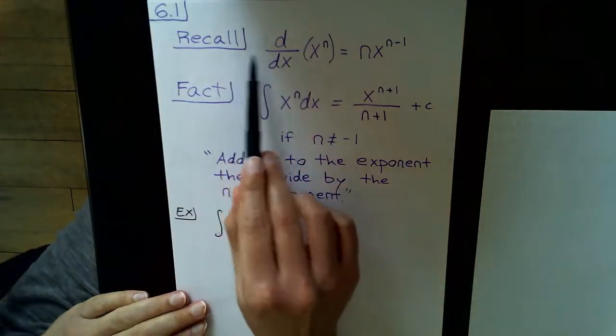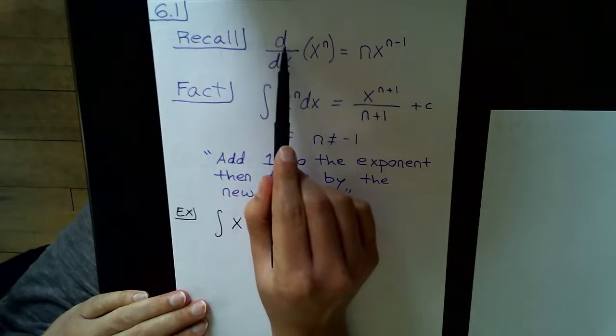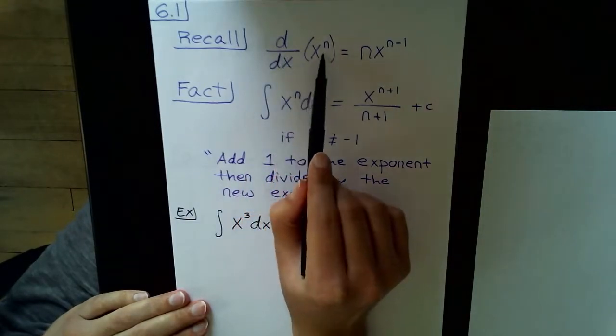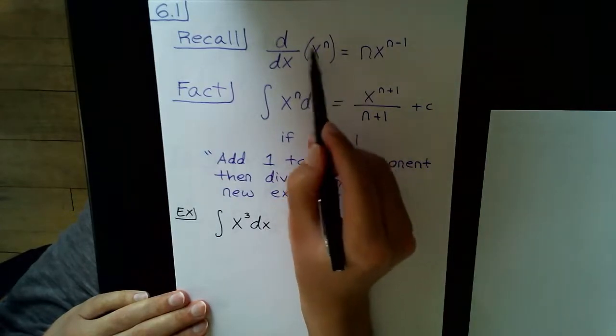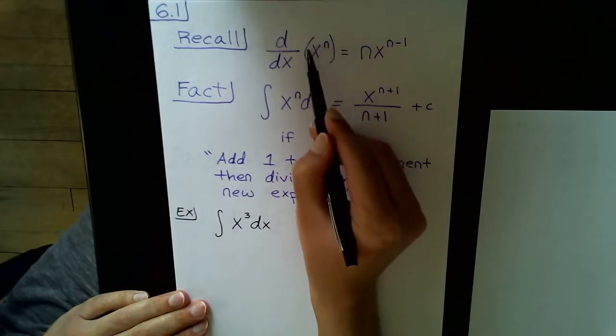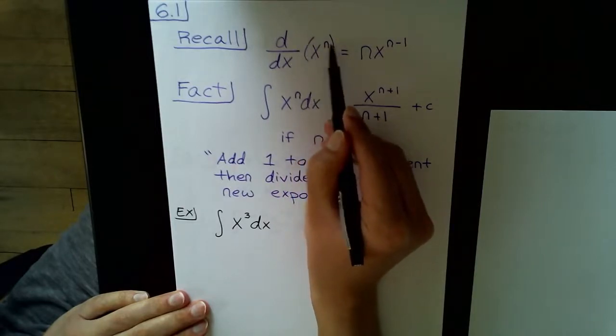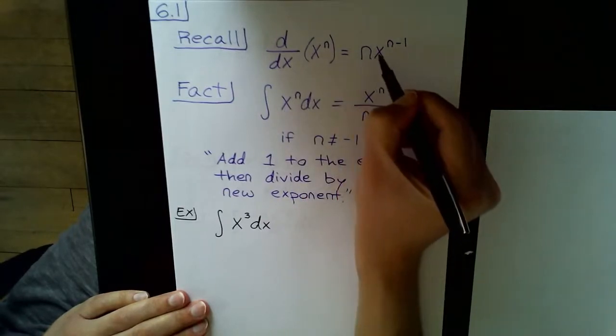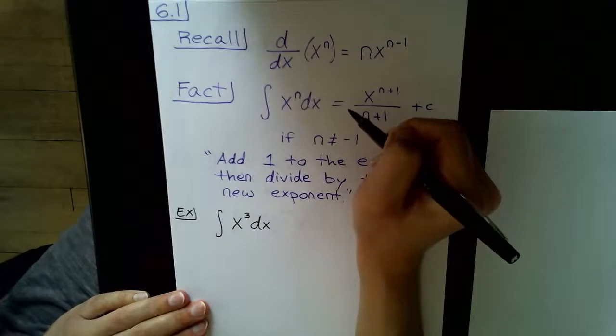So let's do a quick recall. D dx, the derivative with respect to x of x to the nth power. Well, we know to find that derivative, we take our exponent, we multiply it out front, and then we subtract 1 from it, which gives us n times x to the n minus 1.